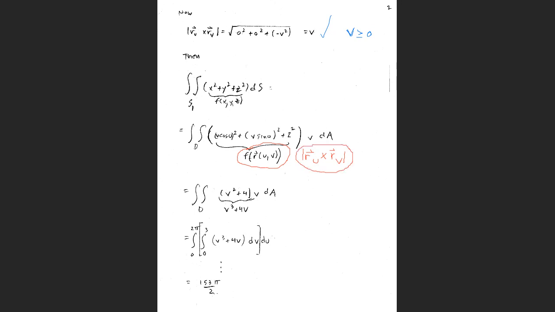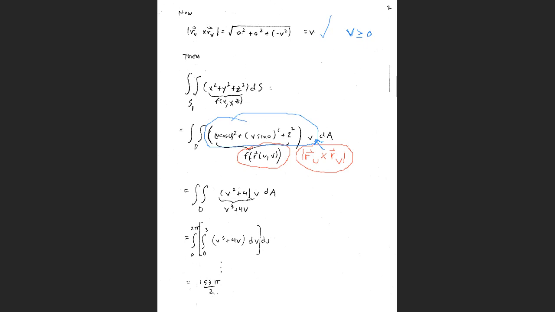So all that is right here. The length of the cross product is just equal to v.